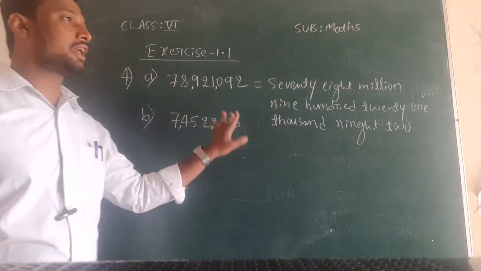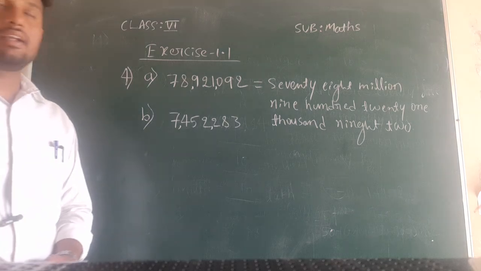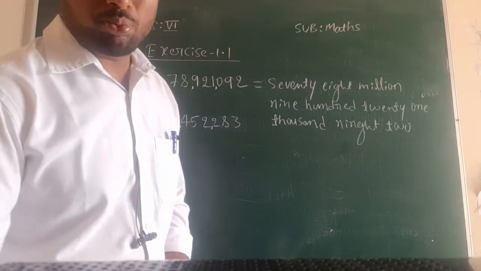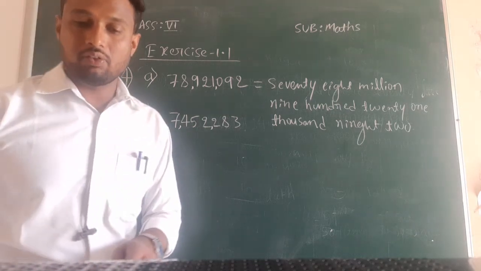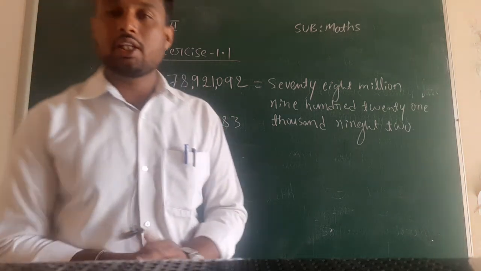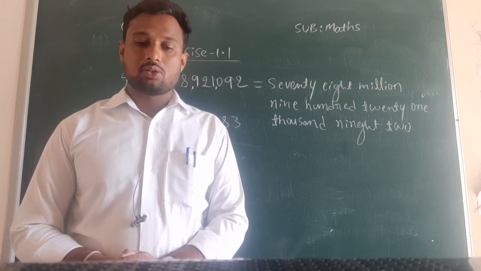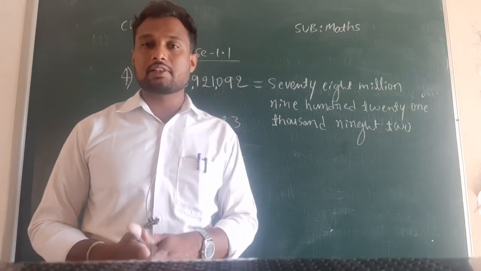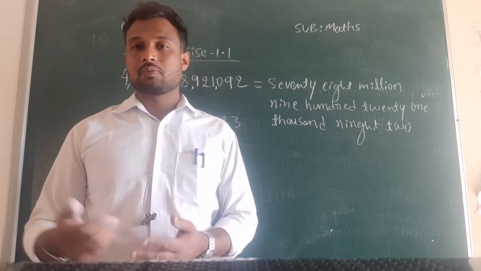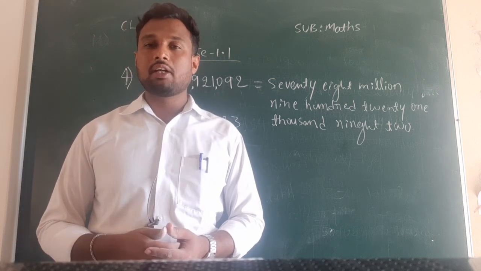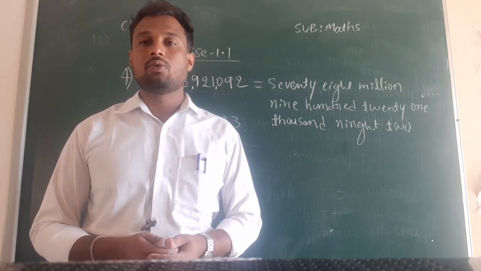Like this only. Write this in words and solve the remaining 2 problems in this fourth question. Okay, with this your exercise 1.1 is completed. So today completely solve this exercise 1.1. In the next class I will continue with concepts related to exercise 1.2. Okay, thank you all.